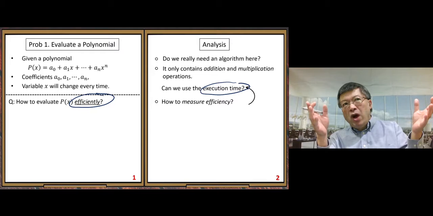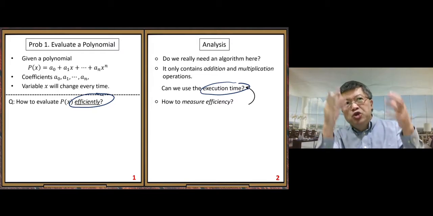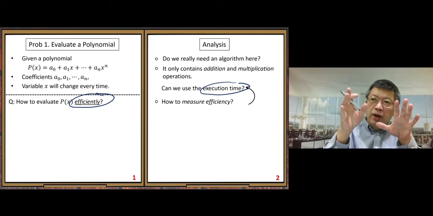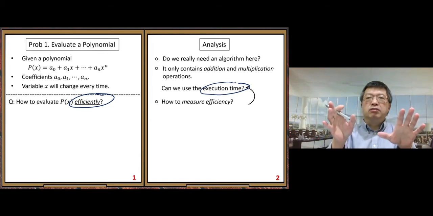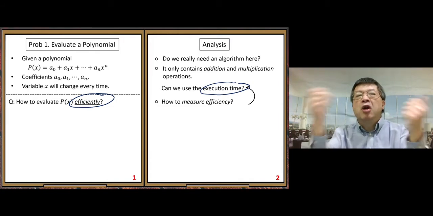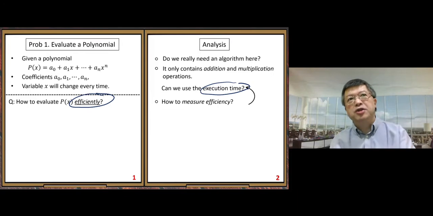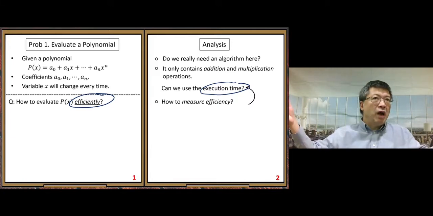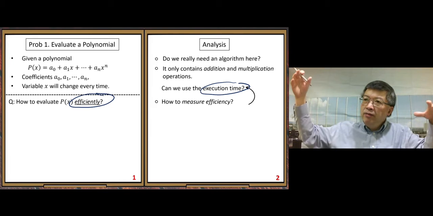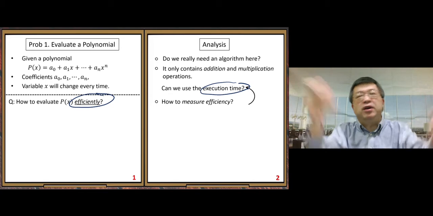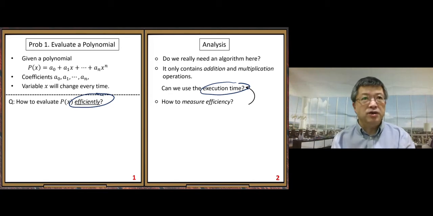Do you run your program on a very powerful supercomputer, while another person runs the same program on a very slow computer, a 10 year old computer? Still they can get the correct answer, but can you compare the response time? The same algorithm, one is much faster than the other, but that difference is because of the hardware difference, not the algorithm difference.